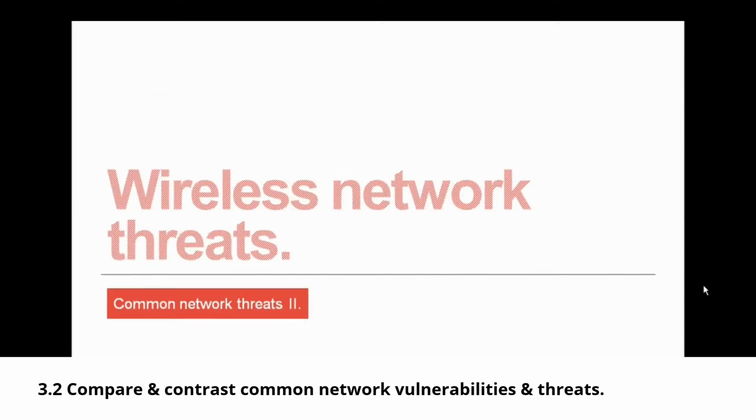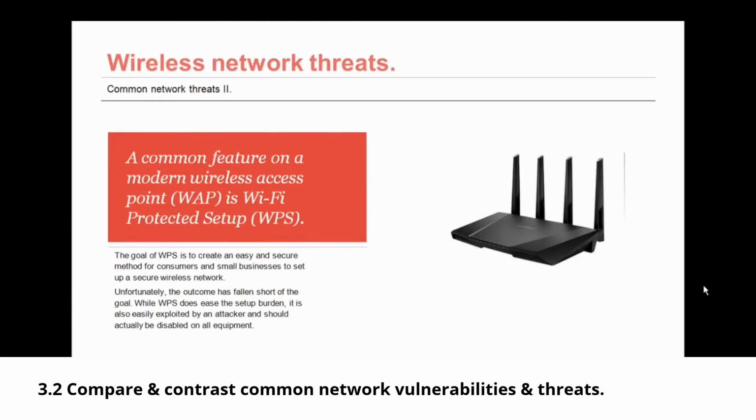It's time to move on to wireless network threats. Our first topic is an unintended threat. A common feature on modern wireless access points is Wi-Fi Protected Setup, or WPS. The goal of WPS is to create an easy and secure method for consumers and small businesses to set up a secure wireless network. Unfortunately, the outcome has fallen short of the goal.